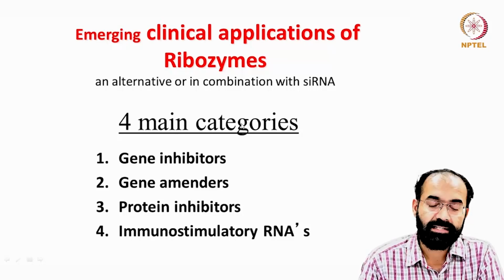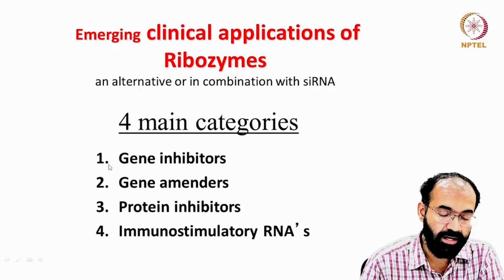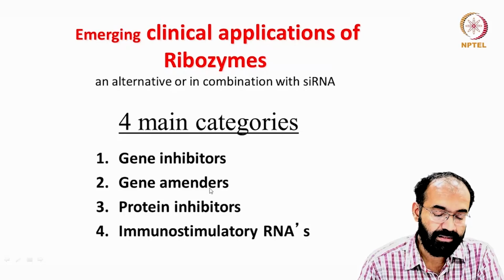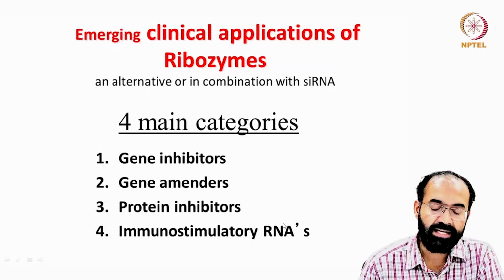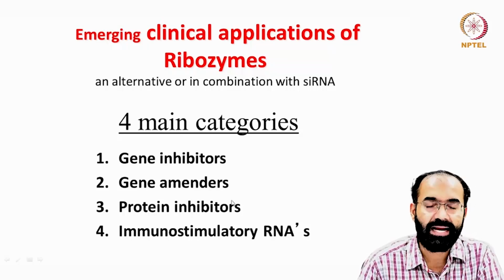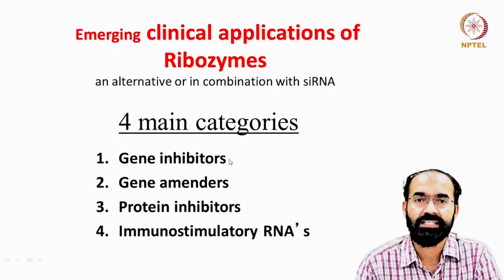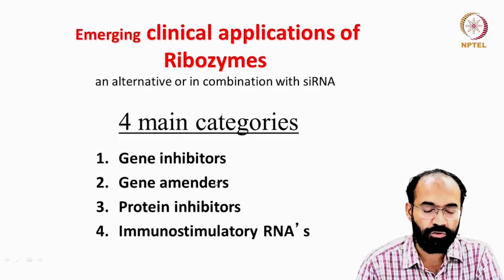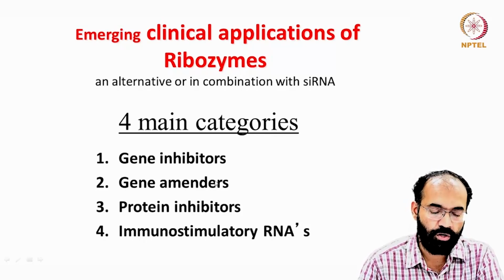There are 4 main categories in which ribozymes can be used in clinical application: 1, as gene inhibitors; 2, as gene amenders; 3, as protein inhibitors; 4, as immunostimulatory RNAs. Gene inhibitors disrupt the function of a gene. Gene amenders tweak it, like if you don't want that much expression of a gene, you reduce it, like increasing or decreasing the volume of a phone or audio device.